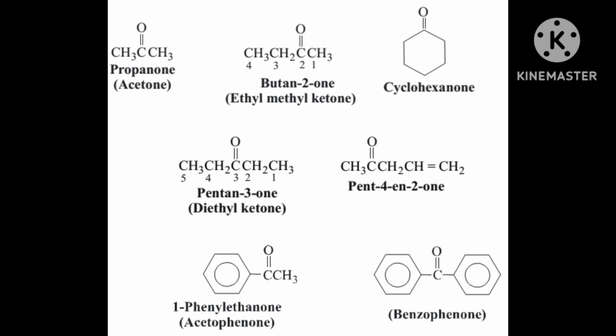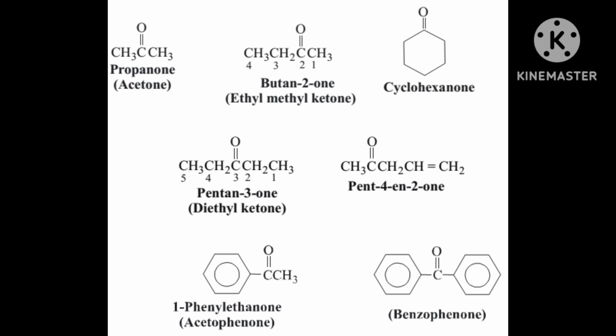In case of aldehydes, the longest carbon chain is numbered starting from the carbon of the aldehyde group. It is an important point. While in case of ketones, the numbering begins from the end nearer to the carbonyl group.